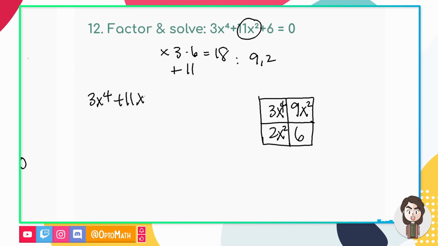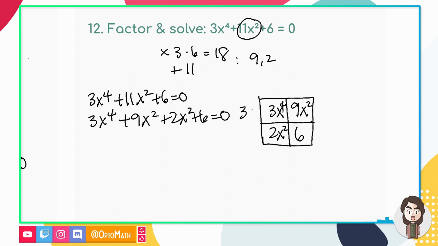So if we have the original here, our replacement is that 9x squared and our 2x squared. All right, so GCF of all the rows and the columns, here we have 3x squared. Here we have a positive 2.